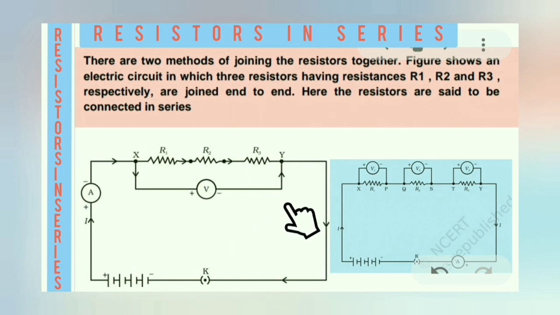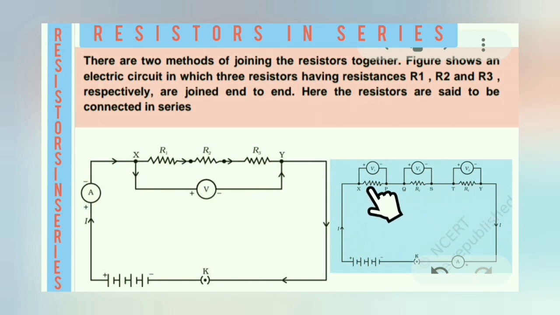Now we connected a voltmeter across each resistor separately. Then according to Ohm's law, you can see what is the voltage across each resistor. So you know that I into R1 will be the voltage across this resistor, and here I into R2, and here I into R3.